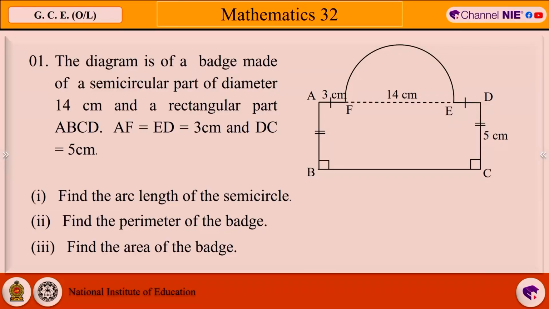Right, read it. The diagram is of a badge made of a semicircular part of diameter 14 centimeters and a rectangular part ABCD. Further, AF equals ED equals 3 centimeters and DC equals 5 centimeters. Okay, you have to find the arc length of the semicircle, perimeter of the badge, area of the badge.